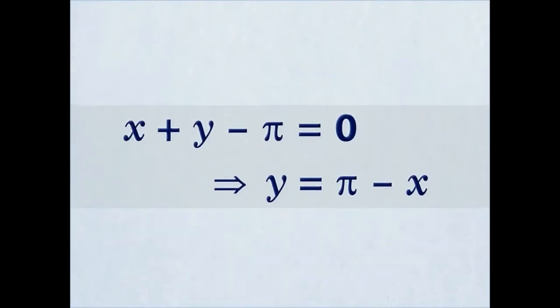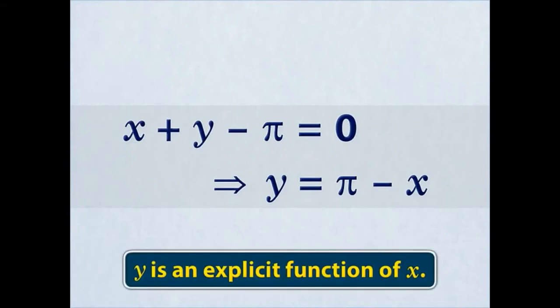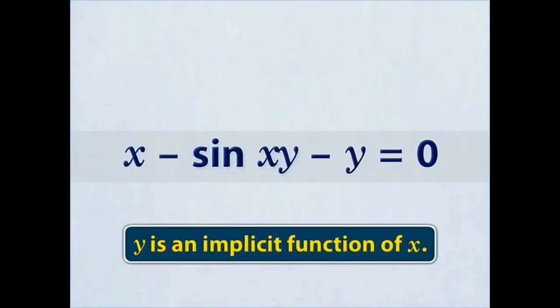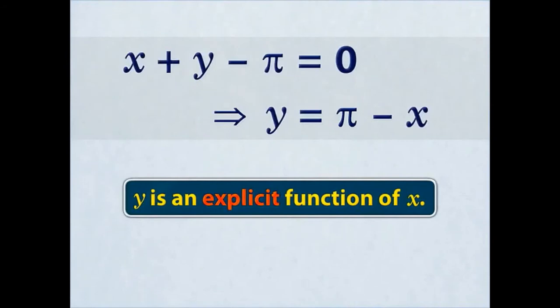When a relation between x and y is easy to solve for y, we say that y is an explicit function of x. Otherwise, we say that y is an implicit function of x. Explicit means expressing clearly.